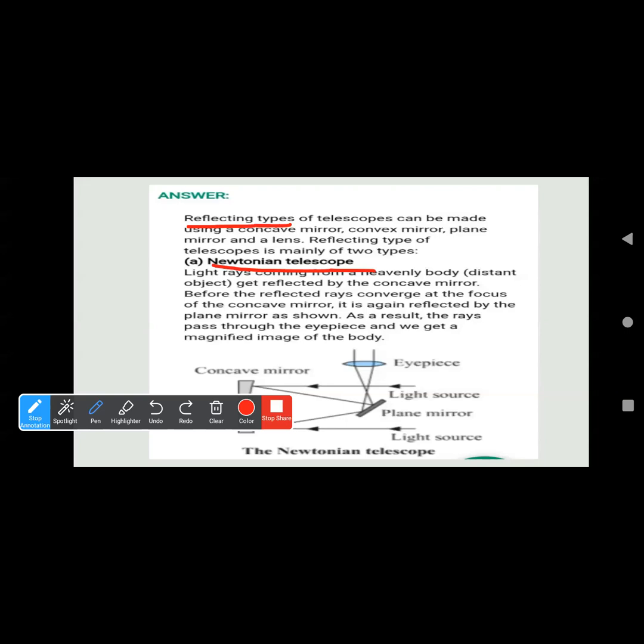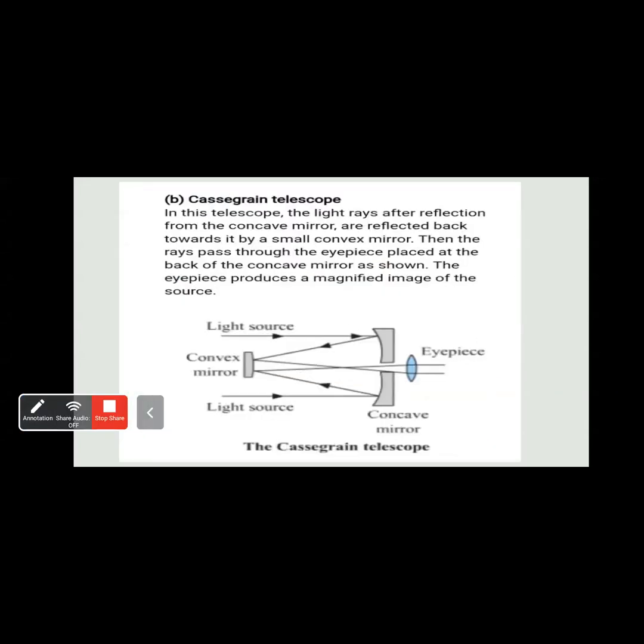And the diagram is important, right? This carries half mark, then this description carries 1 mark, and the diagram carries 1 mark. So that makes it 2.5 marks. Then the next is Cassegrain Telescope. This is also the same.